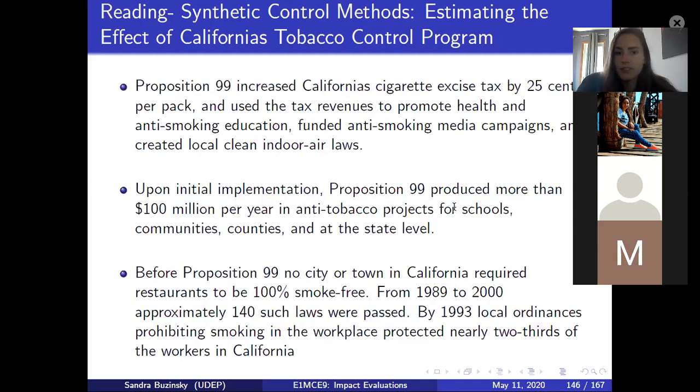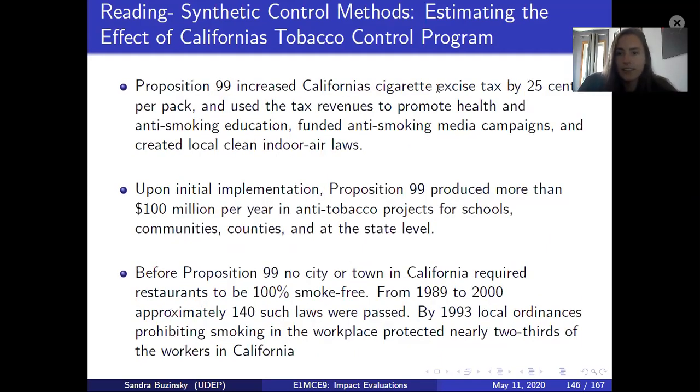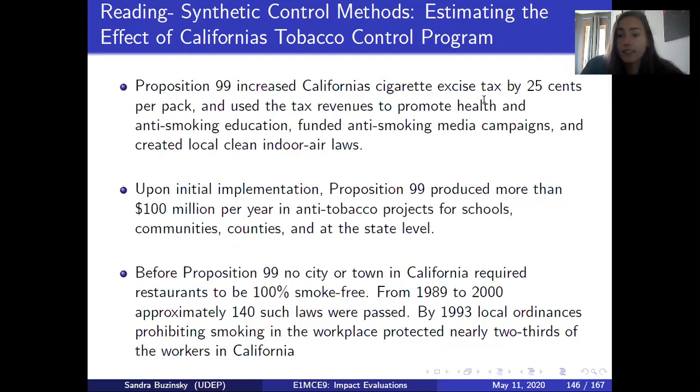So this Proposition 99 increased California's cigarette excise tax by 25%. No, 25 cents, sorry, per pack. And then they used the tax revenue to promote health and anti-smoking education. They funded anti-smoking media campaigns, and they created local clean indoor air laws.